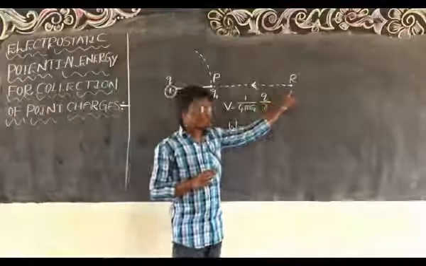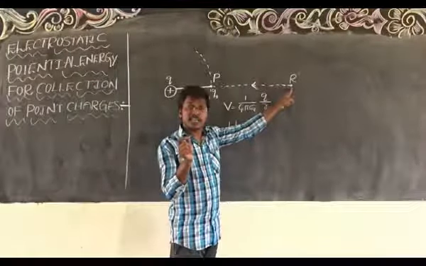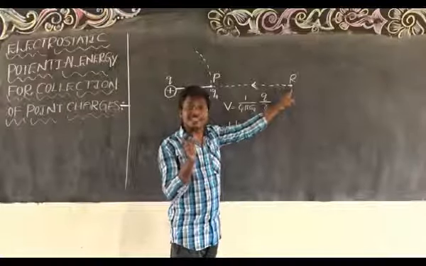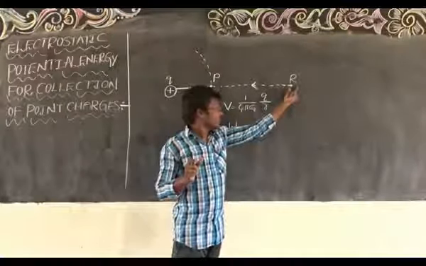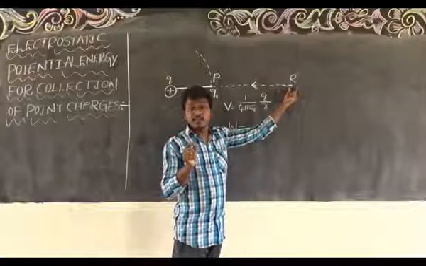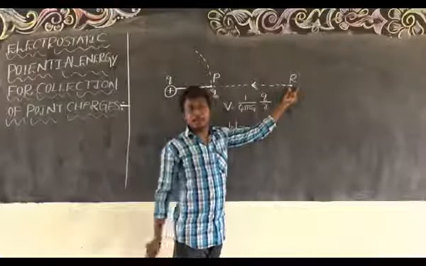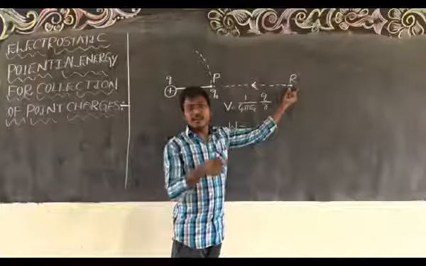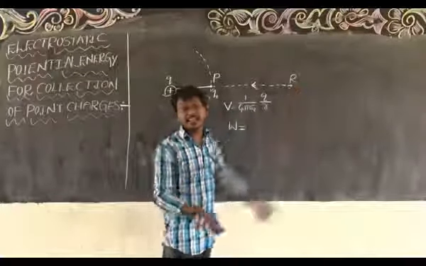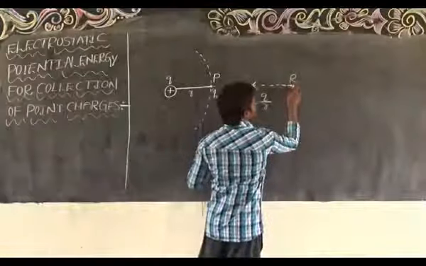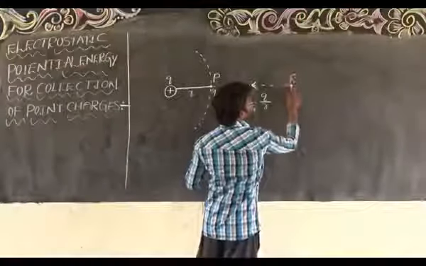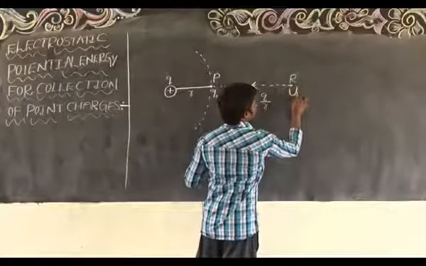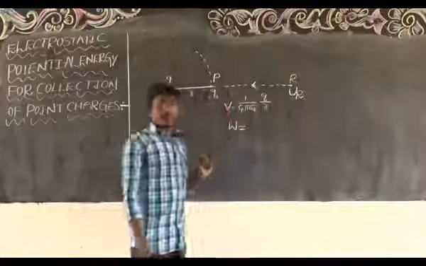So at the initial position, what is the potential energy of the test charge? Here at initial position R, the test charge is at rest. If the charge is at rest, which energy does it have, potential energy or kinetic energy? Potential energy. So here the potential energy is UR.